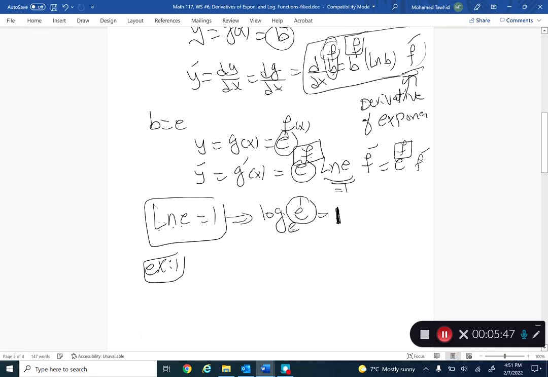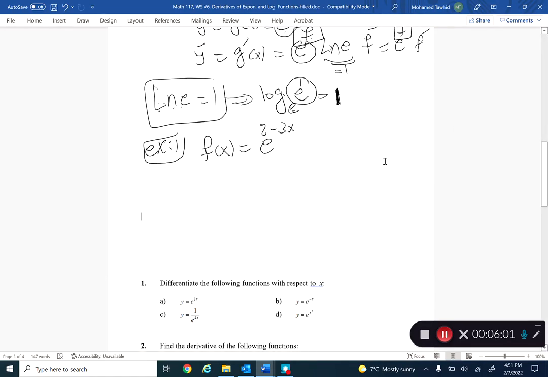Example number 1: f of x equals e to the power 2 minus 3x. Is this an exponential function? Yes. How did I know? Because e is 2.7, and to the power is my exponent.